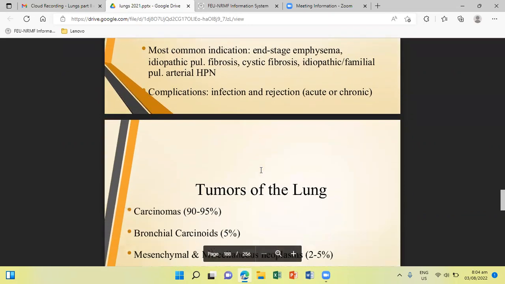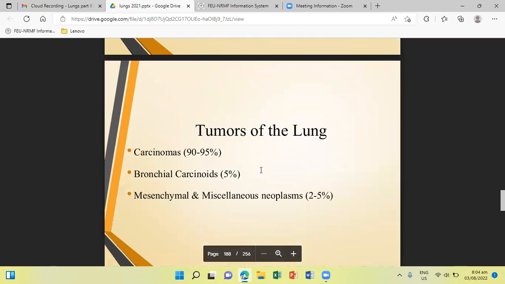Okay. So let us now go to the tumors of the lungs. Lung cancer is regarded as the most frequently diagnosed major cancer in the world and one of the most common causes of cancer mortality.